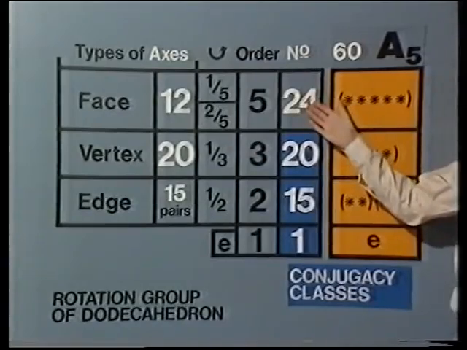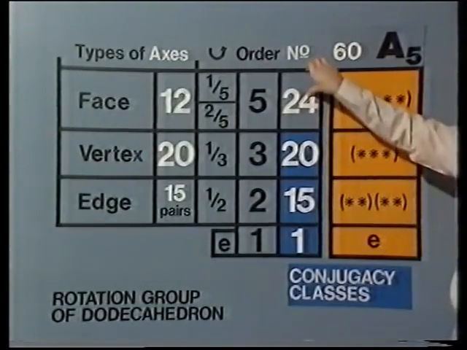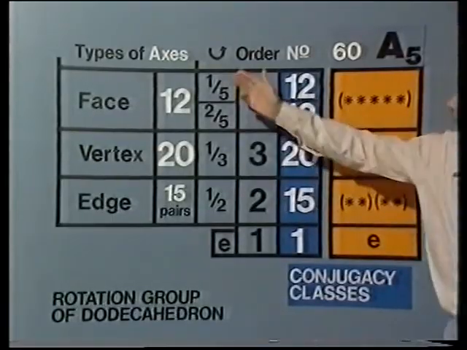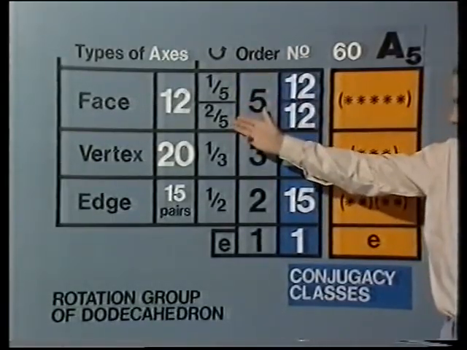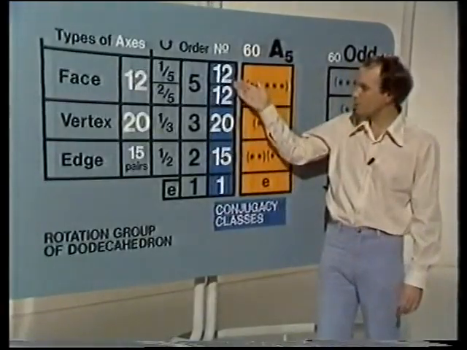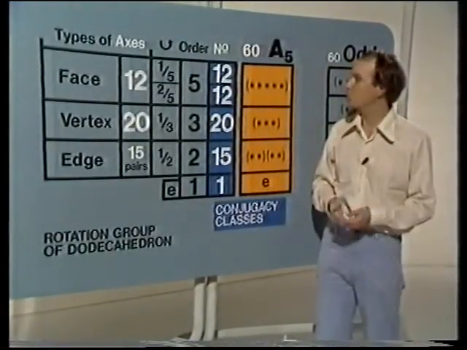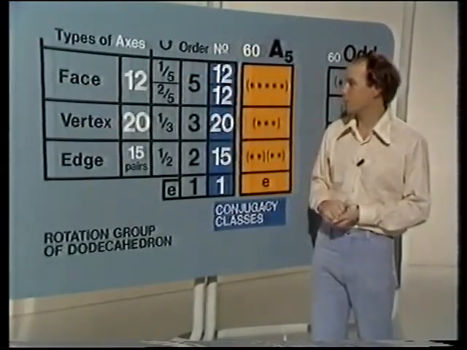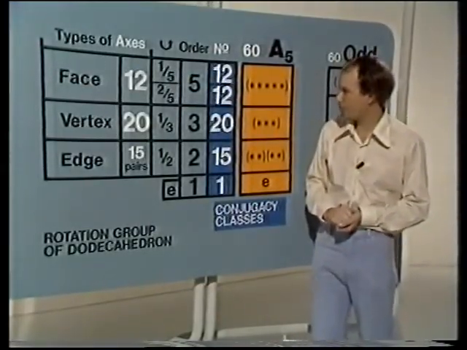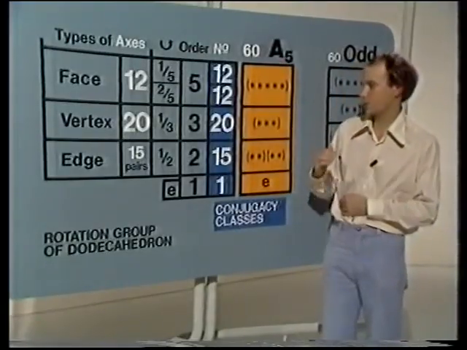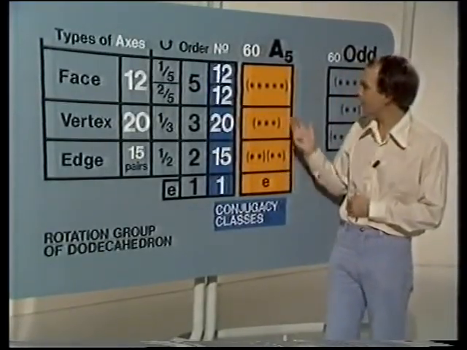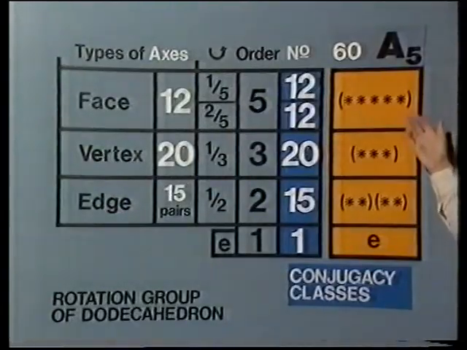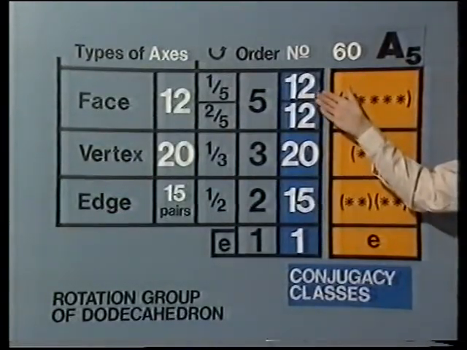So the 24 face axis rotations split into at most two conjugacy classes of 12 elements each, the 1/5 class and the 2/5 class. In fact, there's no way of merging these into one class because the angles of rotation are different, even allowing for reversing the axis. And that's got all the conjugacy classes of the dodecahedral group, and hence of A5, with this surprise that the 24 5-cycles split into two classes.